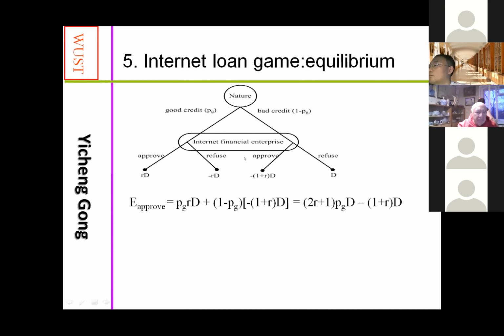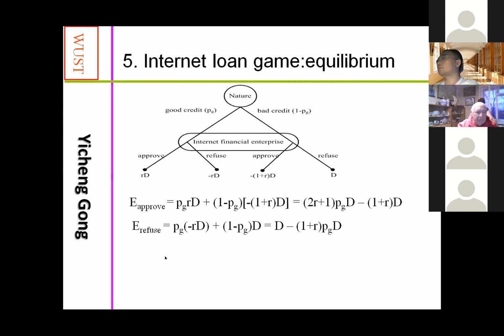And if the applicant is of bad credit, then when the platform approves, it will get -1 plus RD. But this event happens only with probability 1 minus PG, so 1 minus PG times this one. So we can simplify this formula into this one.